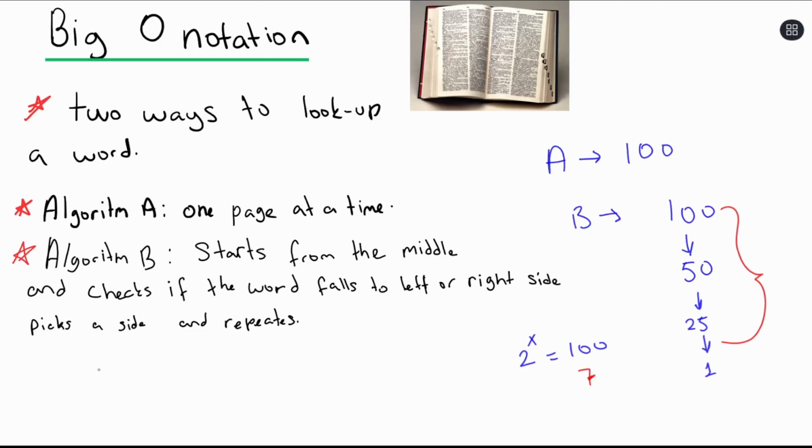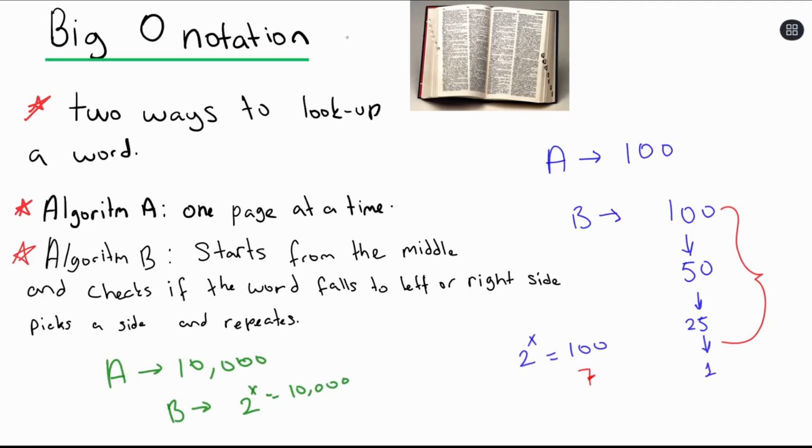But what if we had 10,000 pages? For algorithm A, 10,000 pages would take 10,000 operations at worst case. Let's assume that the word was at the end of the book. It would take 10,000 flips to find that exact word. But algorithm B would be 2 to the x equals 10,000, and that is about 13.